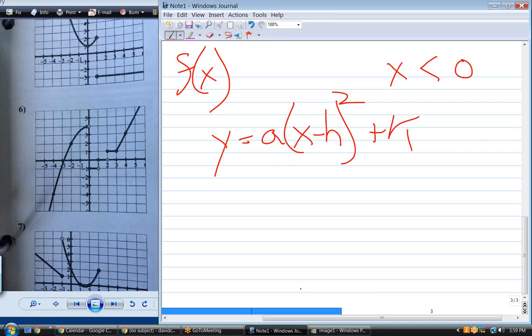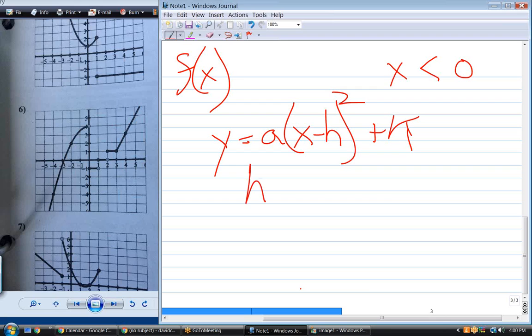In other words, we need to know what a, h, and k are. Well, h and k are pretty easy. That's the vertex form for a parabola, with h and k being the vertex.